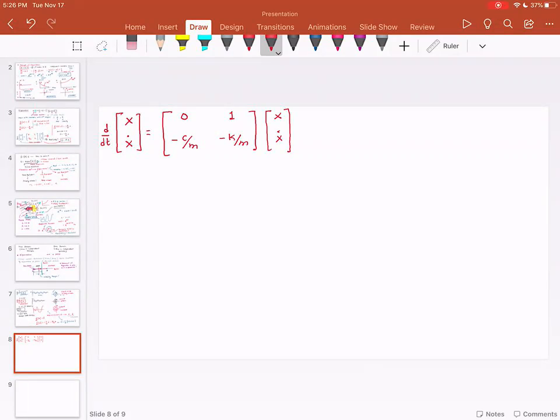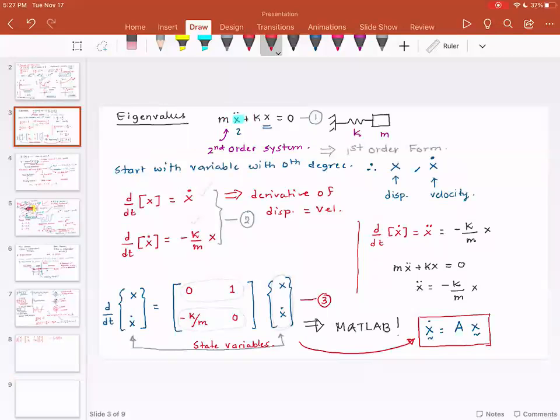Any questions here? So this equation is exactly the same as the equation that we looked at earlier, except in the earlier equation, I did not have a damper.